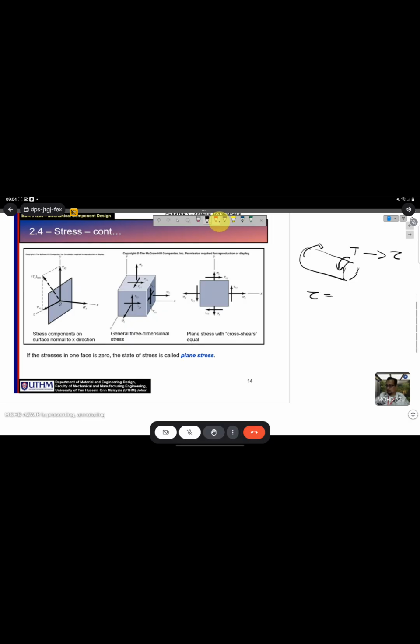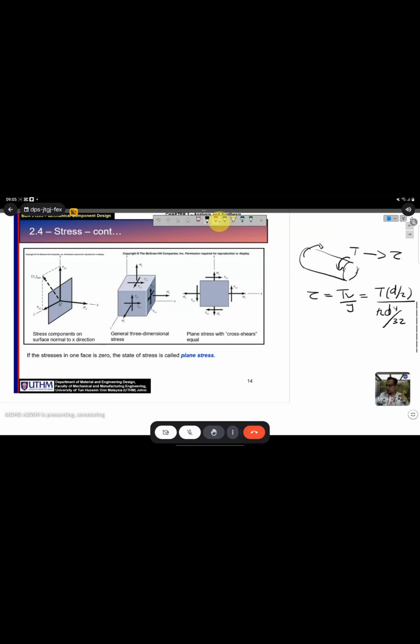So shear stress is equal to TR over J, where R is equal to D over 2, and J will be pi D power 4 divided by 32. Okay. And then you can simplify this equation.